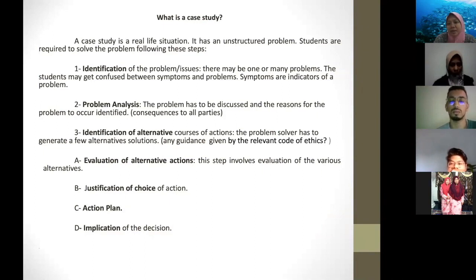You don't know what it is, but it points to a problem. The real problem in the end, after you do some analysis and connect the symptoms, may be that he has COVID-19. The problem is the problem, but symptoms are what lead to the problem. When you read a case study, you need to identify the link.